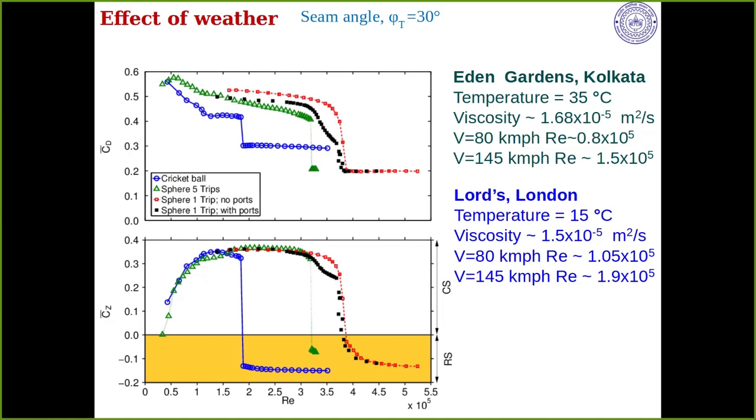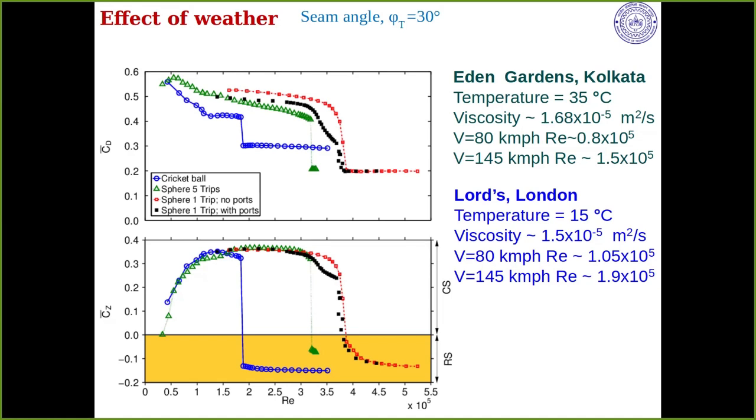Somewhere here. So you get some swing. Same bowling action, same speed, it goes to Lords. It's 1.05. So it's here. So he gets more swing. He will be a much better bowler. He has more range. He can swing at will at Lords. Comes back to Kolkata, not as good.